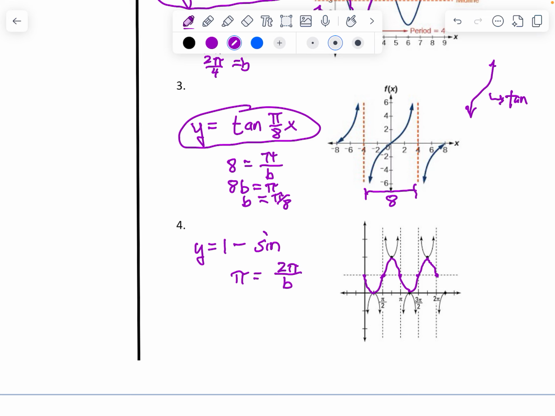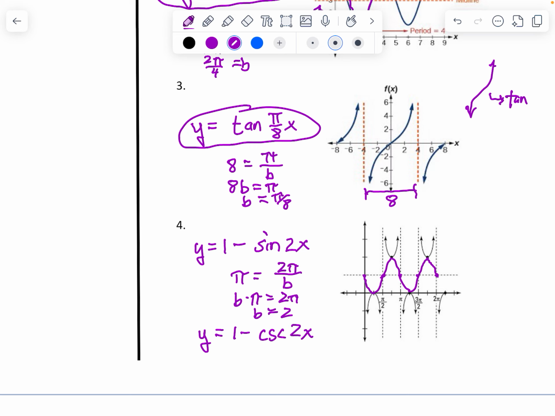Multiplied by b, b times pi equals 2 pi, divide by pi, and you get b equal to 2. So I'm going to have 1 minus sine of 2x, since I have not shifted it side to side. That would give me the graph that I see in purple. If I want to change it to the original graph, that would be the reciprocal. So that would be cosecant of 2x.